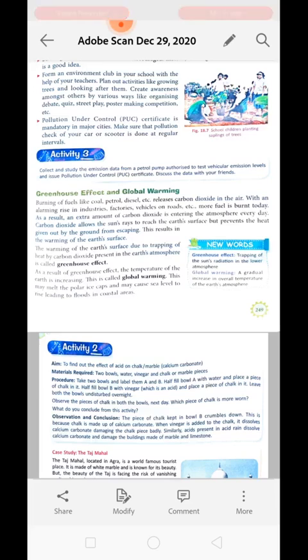As a result, an extra amount of carbon dioxide is entering the atmosphere every day. This carbon dioxide allows the sun rays reaching the earth to get trapped inside the earth's atmosphere. It prevents the heat given out by the ground from escaping. This results in the warming of the earth's atmosphere.